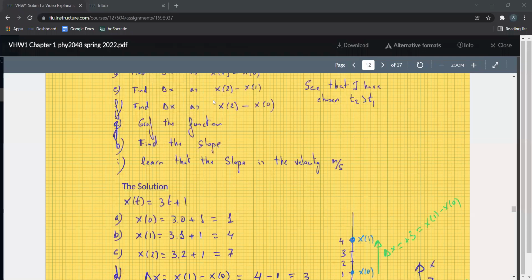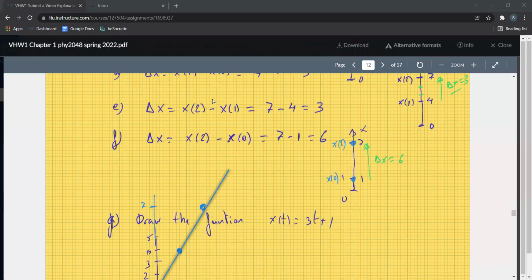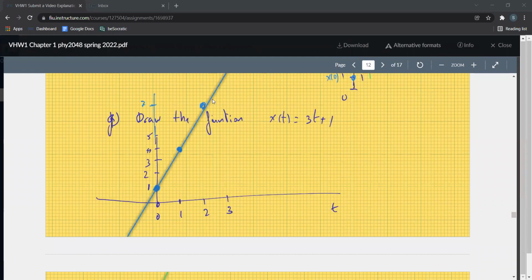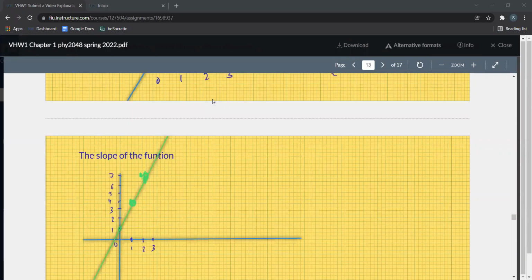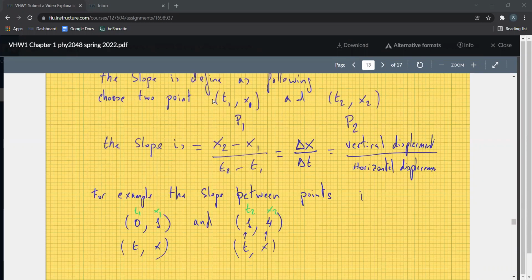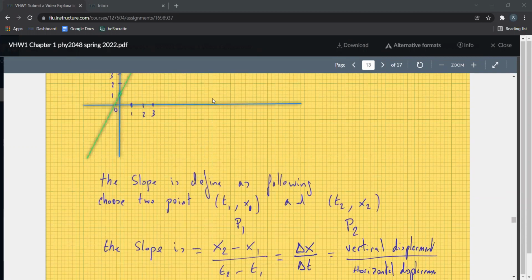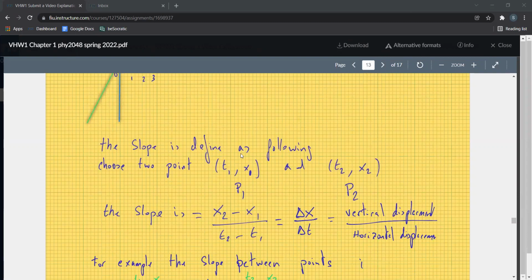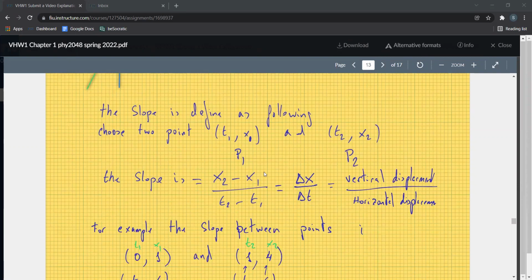These are solutions. Okay, so the slope is defined as the following. Choose 2 points and find the slope. We just did this essentially, I explained it, but we'll look at what the professor had to write.